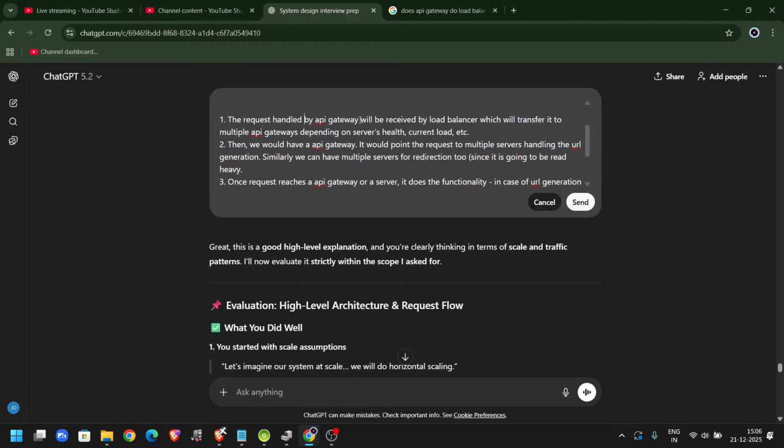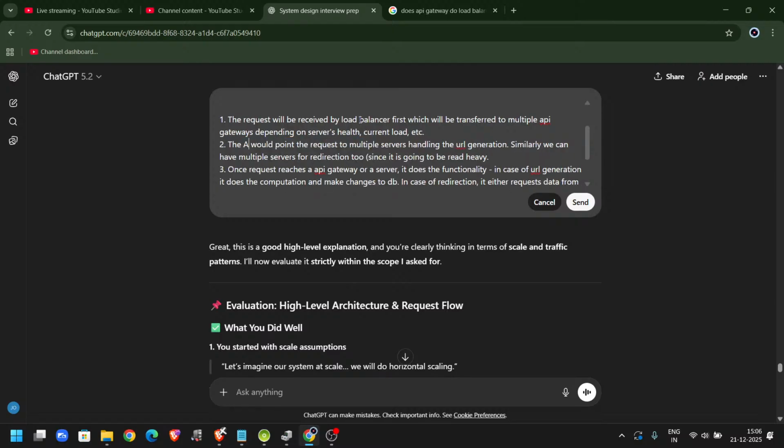The request will be received by load balancer first, which will be transferred to multiple API gateways depending on this. Okay, then we would have API gateway. The API gateway would point the request to multiple servers handling the URL generation.